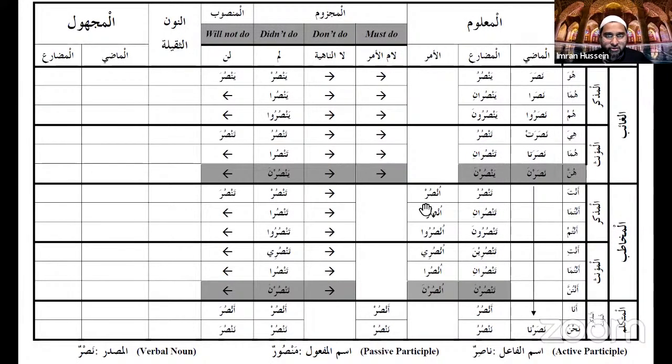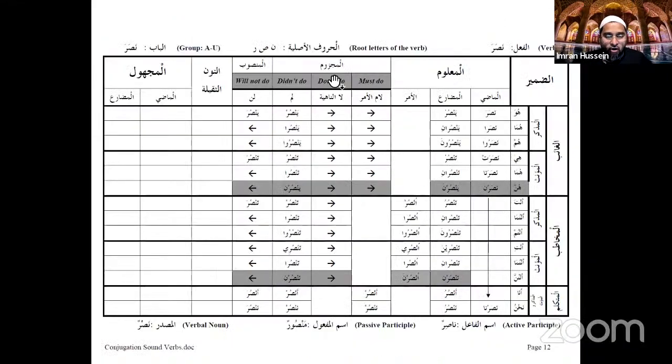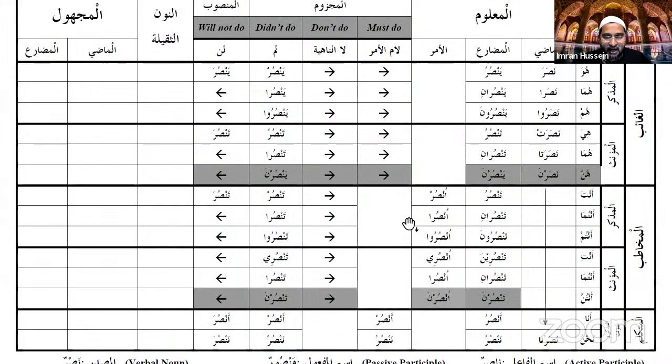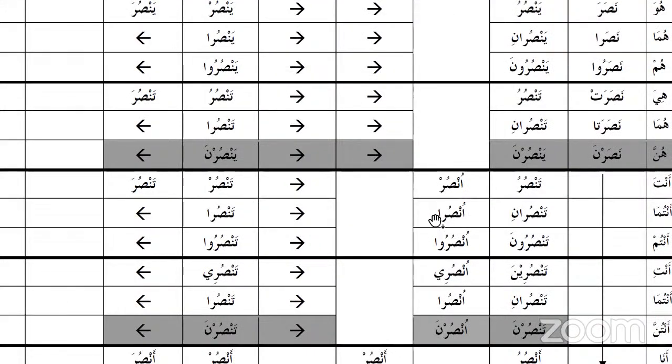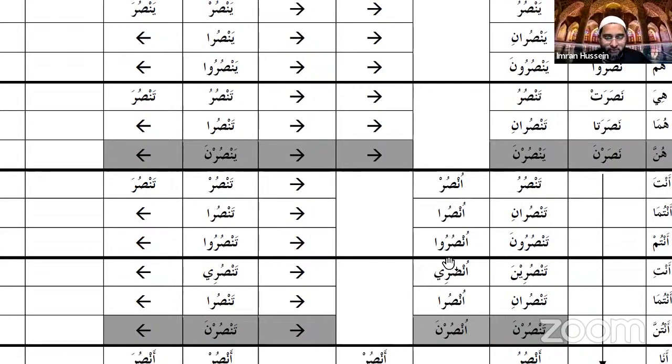For the command itself for the second person, it is part of fi'l mudari majzum, even though the ta has been removed. If you look at the ending, the singular has a sukoon, and in the dual and plurals, the noons are dropped.